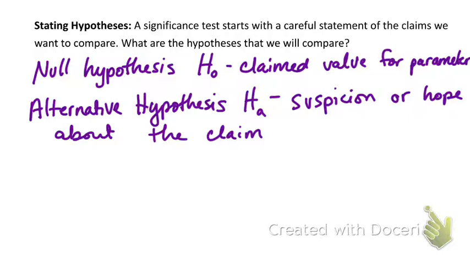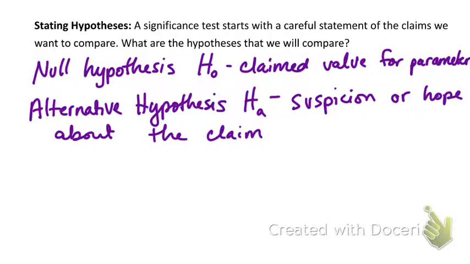You're better than that. So maybe greater than 80%. Or it might be that we look at him and we go, you know what? You're not an 80% free throw shooter. We don't know if you're better than that or worse than that. We just don't think it's 80, which would be kind of weird for that particular situation. But that can be your alternative as well.